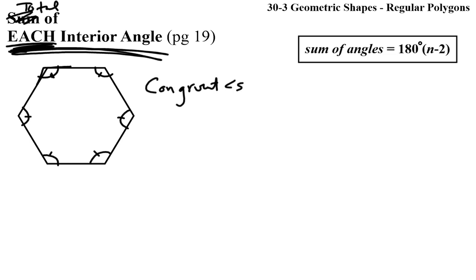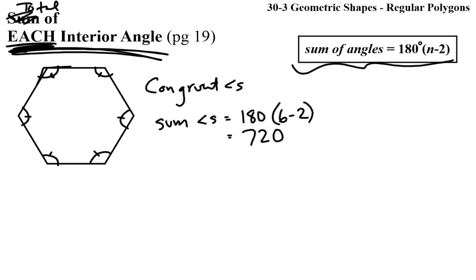We already talked about, if I can get the sum of all the angles, the sum of all the angles is equal to 180 times, we took a look at this, 6 sides minus the 2, that works out to be 720 degrees. But if I want to know each individual angle, what's great? They're congruent. So if I know that these all together total 720, how do I find each one?